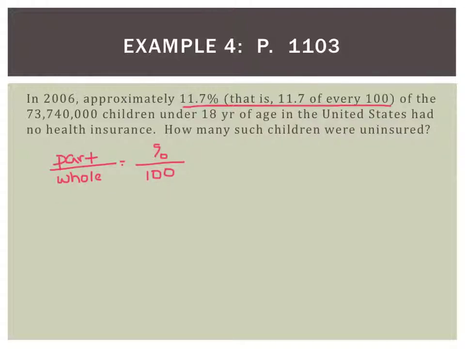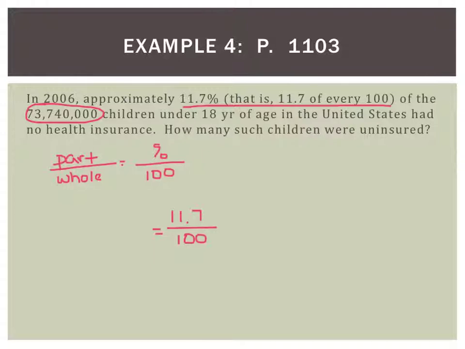So 11.7% of the 73,740,000 children under 18 years of age had no health insurance. And we're trying to find out how many children were uninsured. So 11.7% is going to be the 11.7 out of 100.